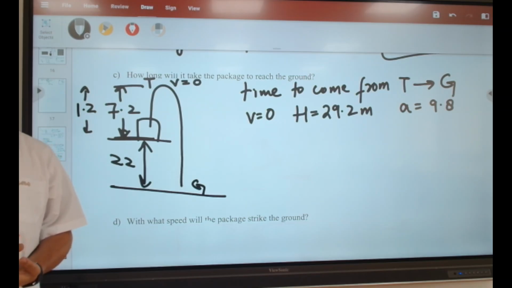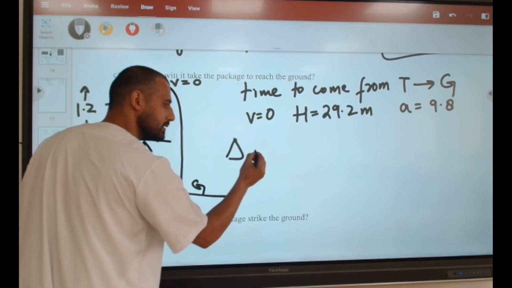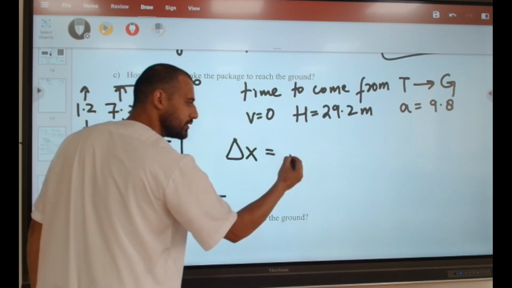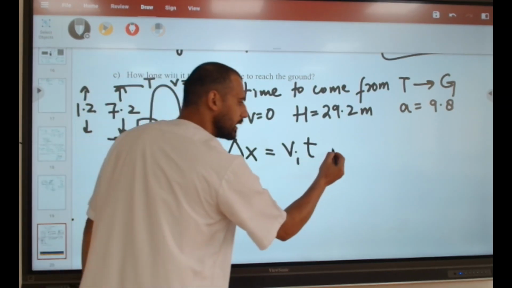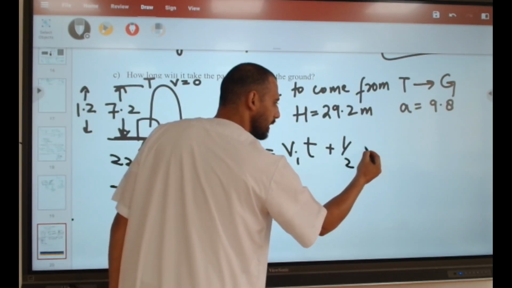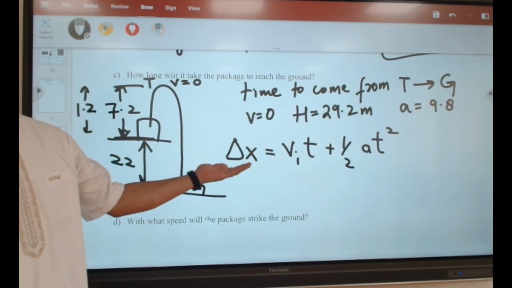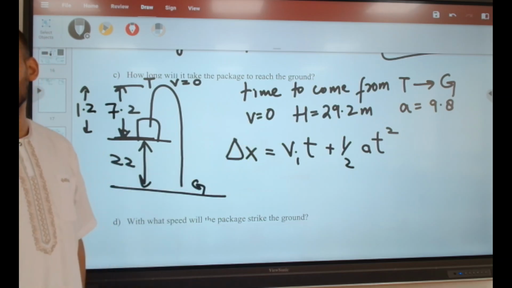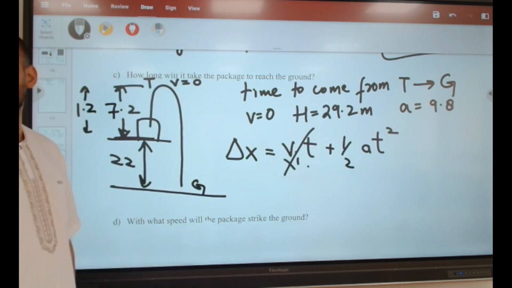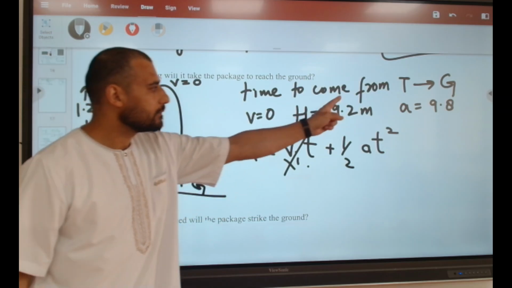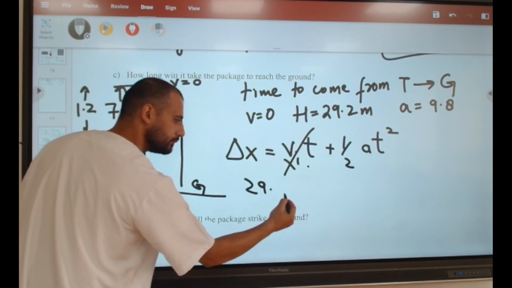How did you find it? We know that delta x is equal to initial velocity times time plus half acceleration times time squared. Do we know this equation? Yes, we can use it. Now here, this term will be 0. What is delta x? Very good, it is 29.2.